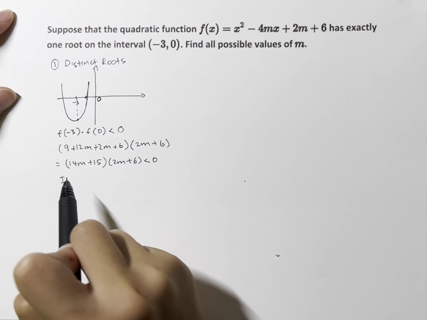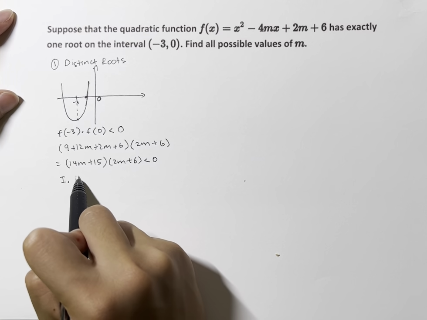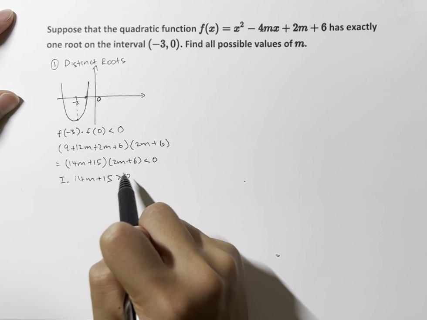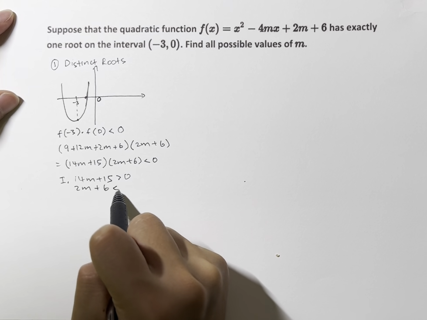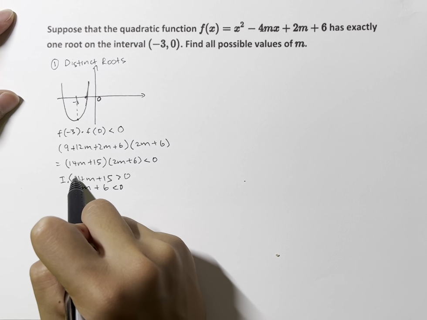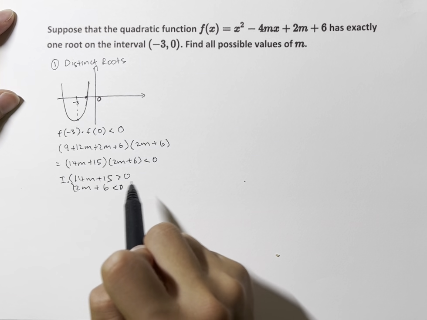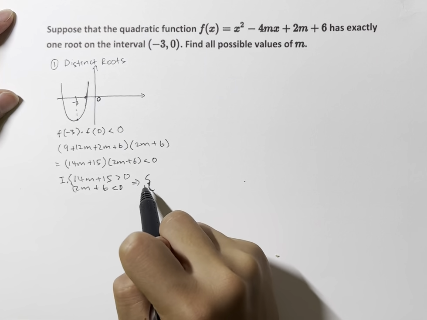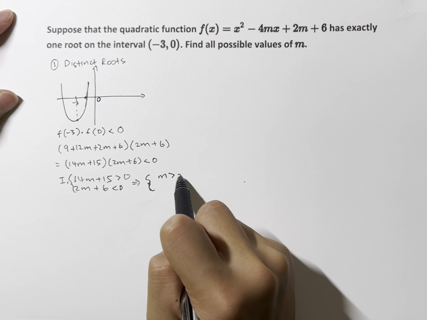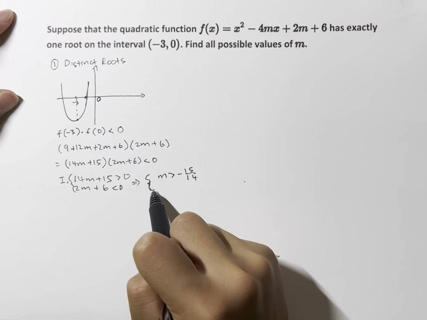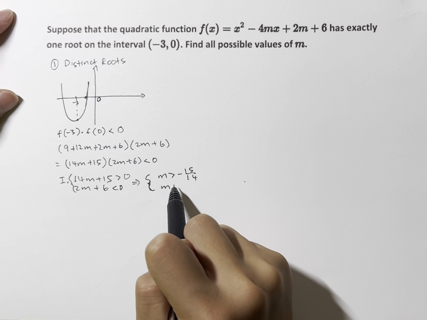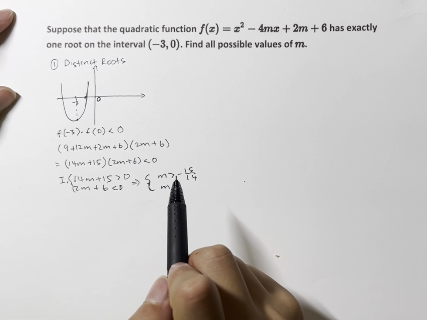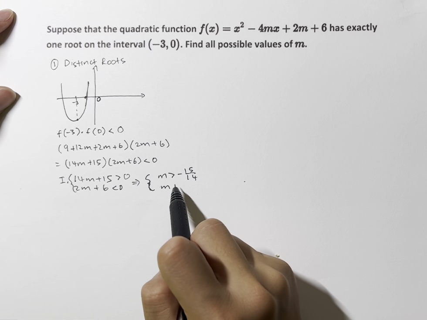First case: 14m plus 15 greater than 0 and 2m plus 6 less than 0. Then m is greater than -15/14, and 2m is less than -6, so m is less than -3.